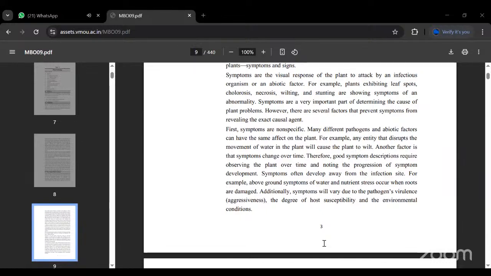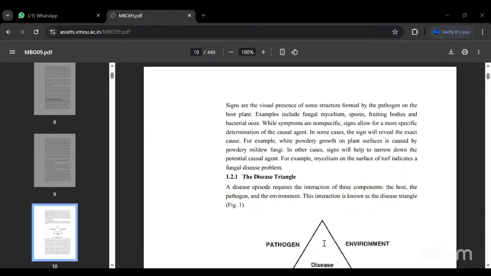For example, above-ground symptoms of water and nutrient stress occur when the roots are damaged. Additionally, symptoms will vary with the pathogen's virulence, meaning aggressiveness, the degree of host susceptibility, and the environmental conditions.